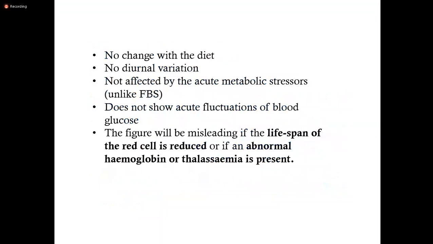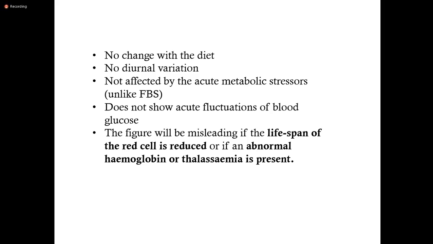What else can we say? There are other advantages of this. There is no change of the HbA1c level with the diet, but if you take blood glucose levels, there could be changes if the patient is not well prepared. And no diurnal variation. Blood glucose level changes during the day.